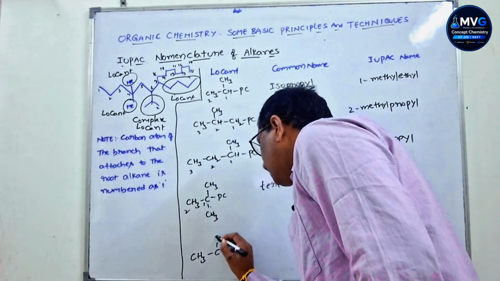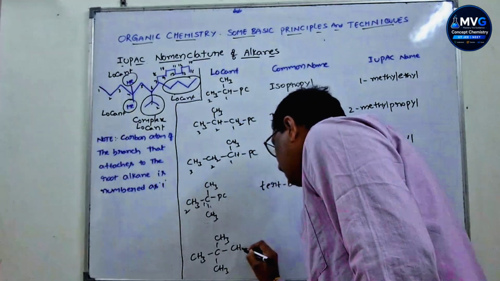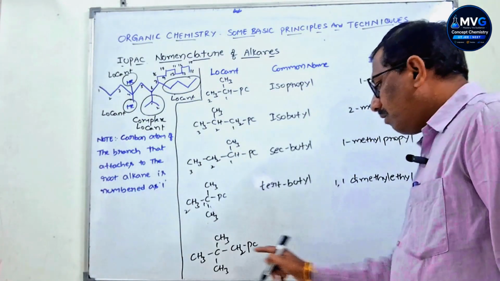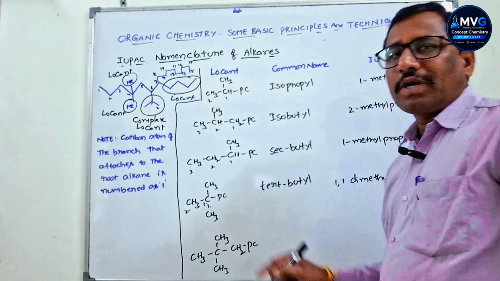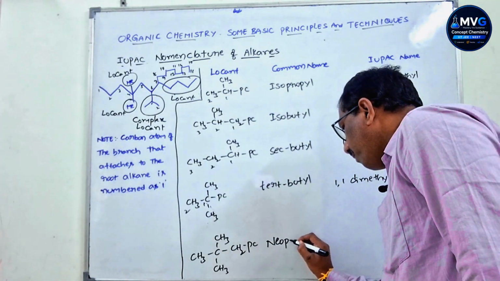Next, CH3, CH2. Now it is attached with PC, the principal carbon chain. Now total 5 carbons are there, and the carbon is further connected with 4 carbons, so we will call it neopentyl.